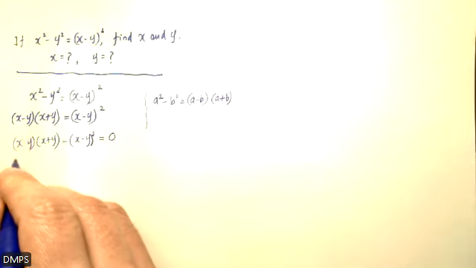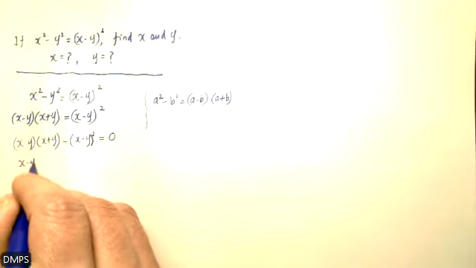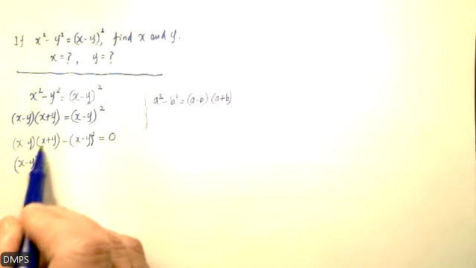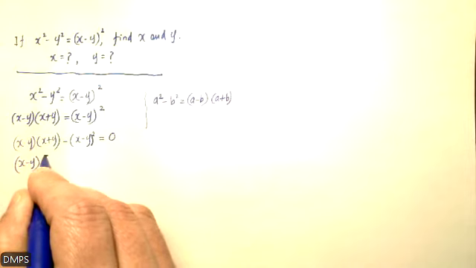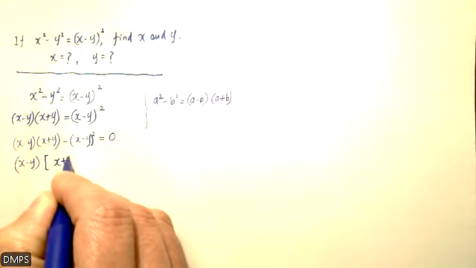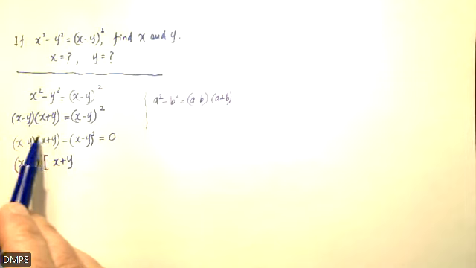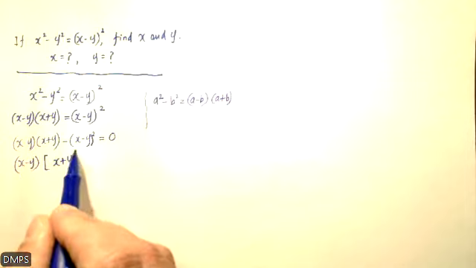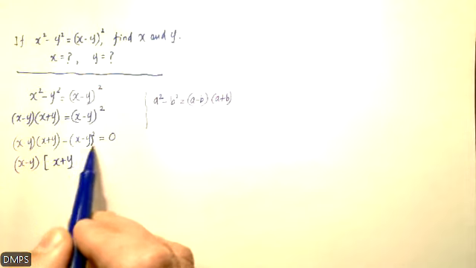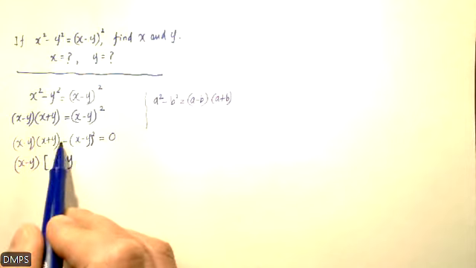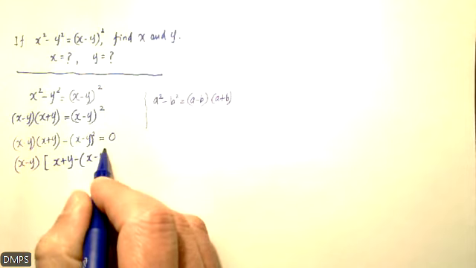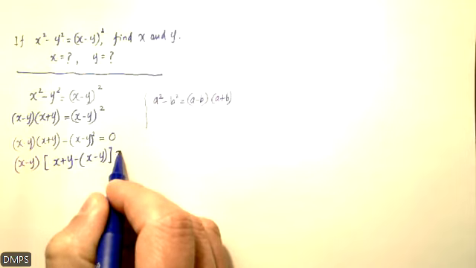I'll take that common factor x minus y out of the two terms. Once I take an x minus y out of this term, another x plus y will be remaining here. And once I take an x minus y out of this term, another x minus y term will remain, with minus in front, so I'll write it within parentheses.